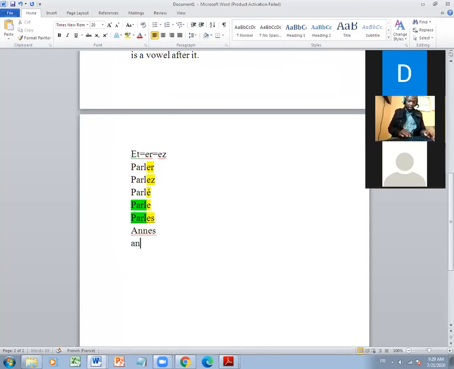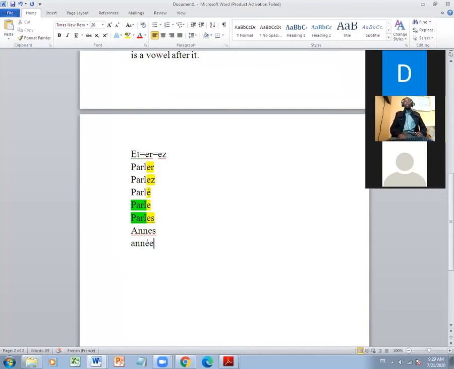But if I have a word like this, you see that? Remember this acute accent after the letter? The first A is pronounced, but the last one is silent. So how will you read it? Anne, yes. So the first one is Anne. Even if I add letter S here, it is still Anne. The introduction of letter S does not bring any change in terms of pronunciation, okay? So we say it with or without S. The first one is Anne.